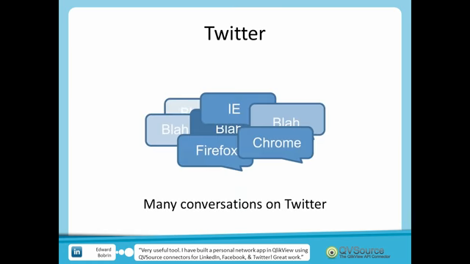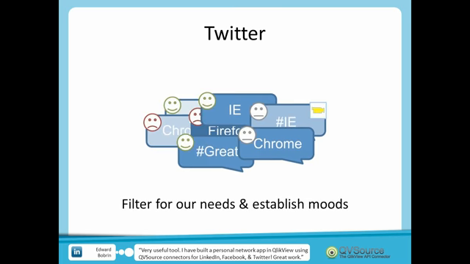To give you an example, there are many conversations on Twitter, and we can use QB Source to narrow down those conversations, get an idea of what's being said and the mood of those tweets.